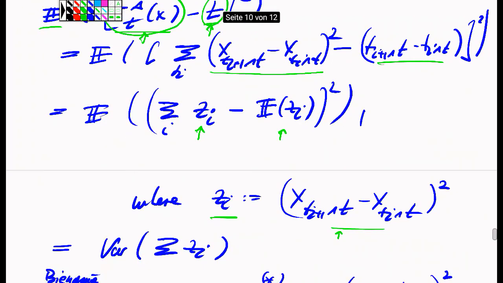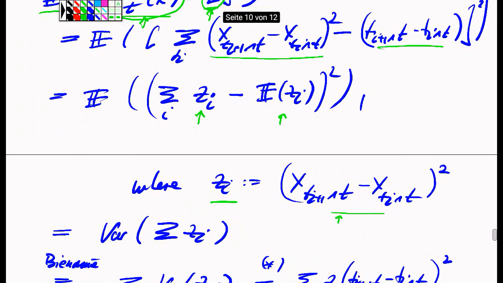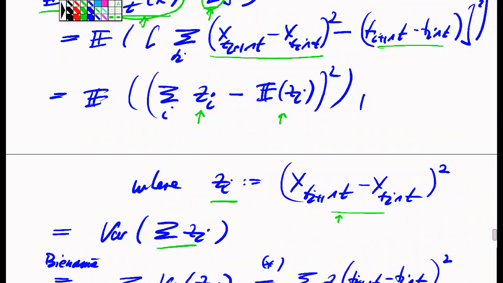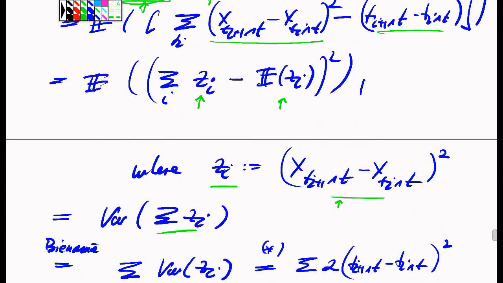And I take the square of this. Well, this is then nothing but the variance of the sum of the Z_i's, where i is the index over which I take the sum.